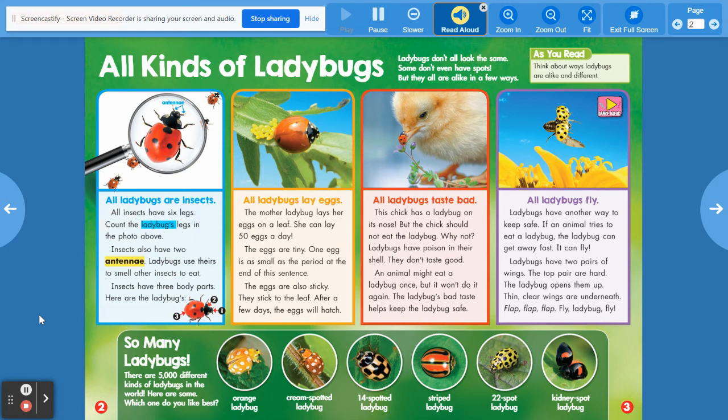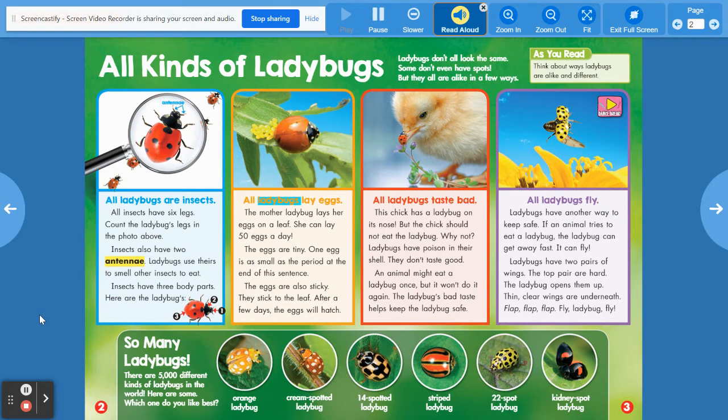Count the ladybug's legs in the photo above. Insects also have 2 antennae. Ladybugs use theirs to smell other insects to eat. Insects have 3 body parts. Here are the ladybugs. 1, 2, 3. Antennae.